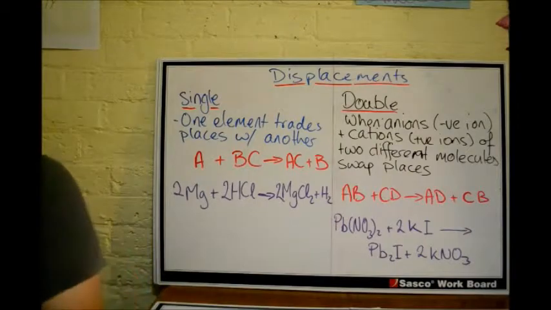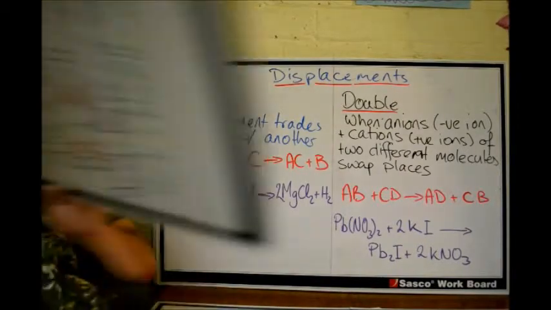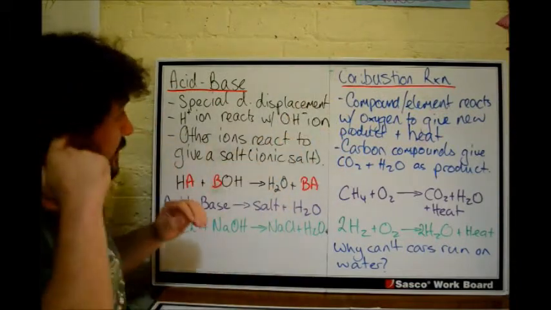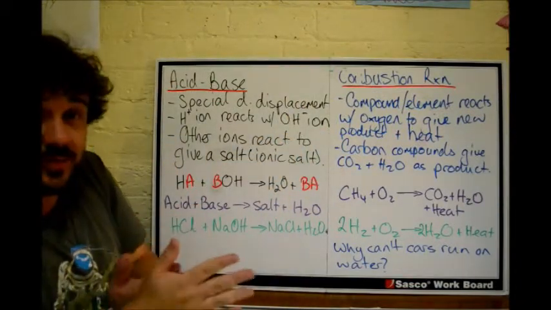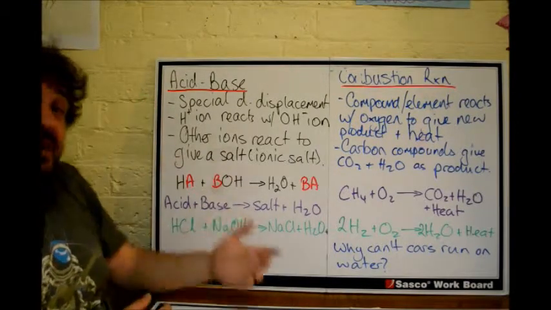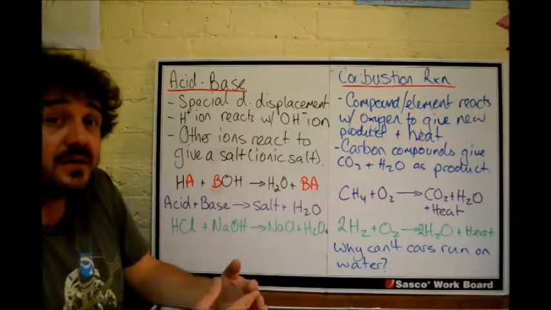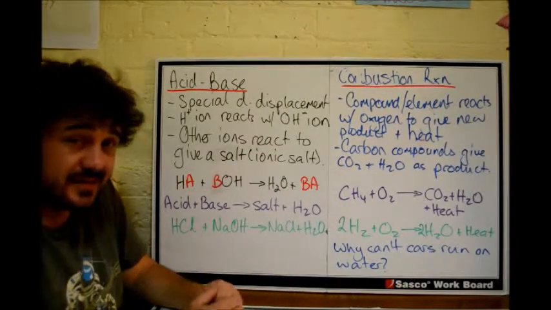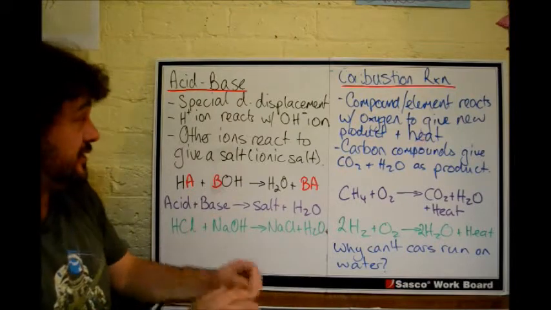Alright, we're almost at the end. Which brings us to our 2 slightly more specific reactions. So we've got an acid-base reaction. Now an acid-base reaction is a special type of double displacement. It's also known as a neutralization reaction, and we'll see why in a second.